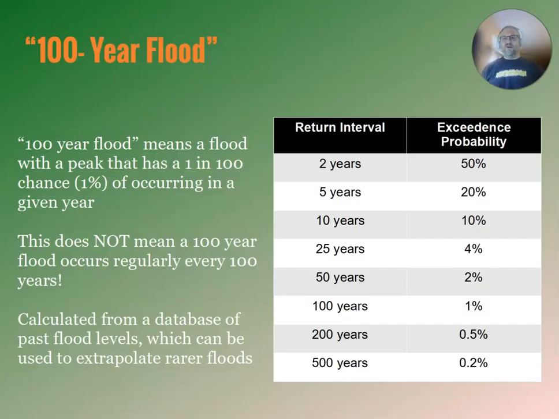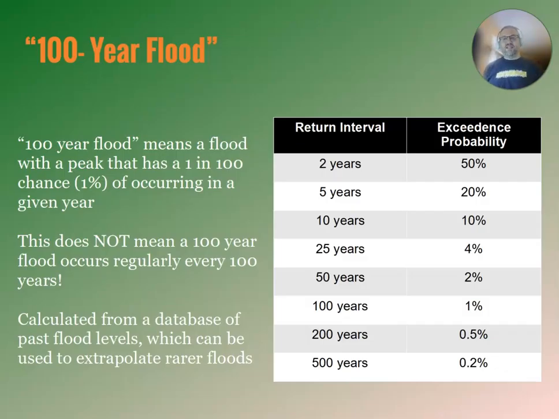And we refer to that percentage as the exceedance probability. So that's the probability that a flood greater than that height would occur in a given year. And so there is an inverse relationship between the return interval and the exceedance probability. Right? So a 2-year flood means a flood that has a 1 in 2 chance of happening in a given year.